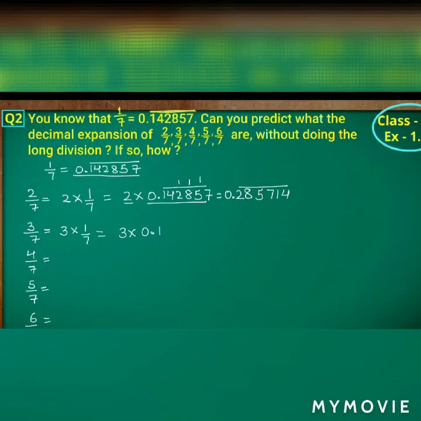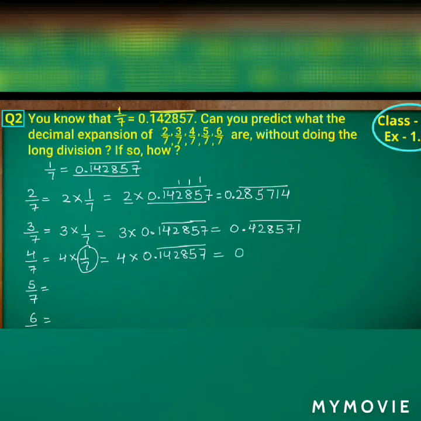In the same way, 3 by 7 can be taken as 3 into 1 by 7, that is 3 into 0.142857. If you do the same method, you will get the answer 0.428571 bar. You have to follow the previous method, that is you have to multiply with 3. If you multiply with 4, you will get 4 into 0.142857 bar, that is the value for 4 into 1 by 7.